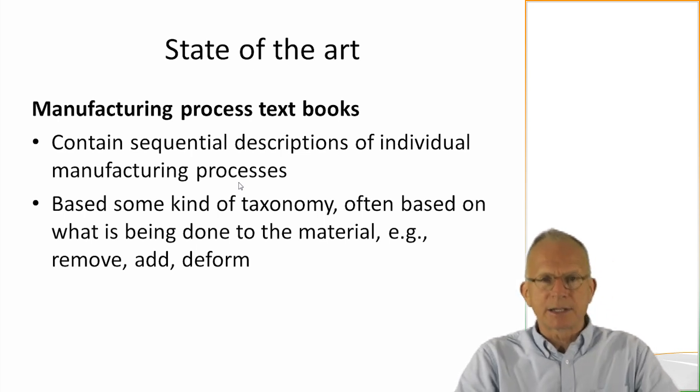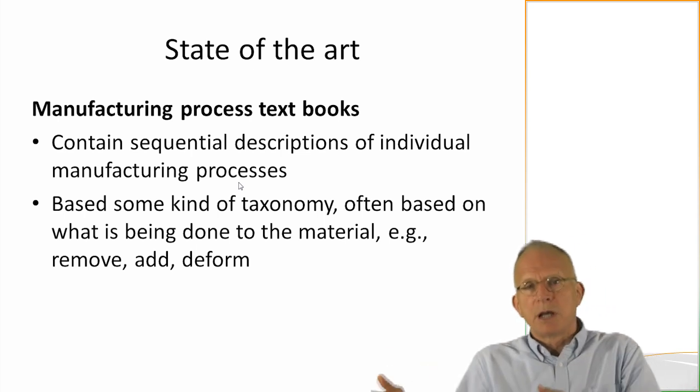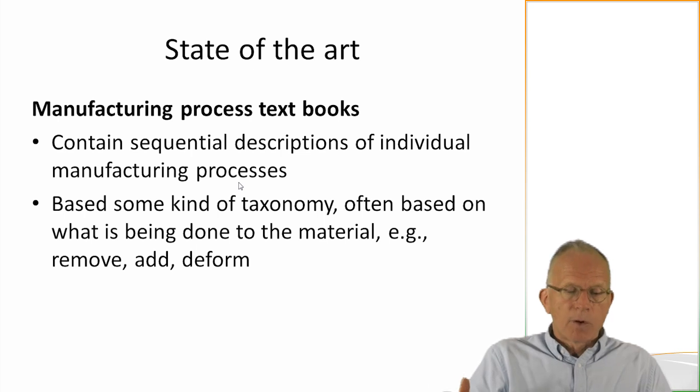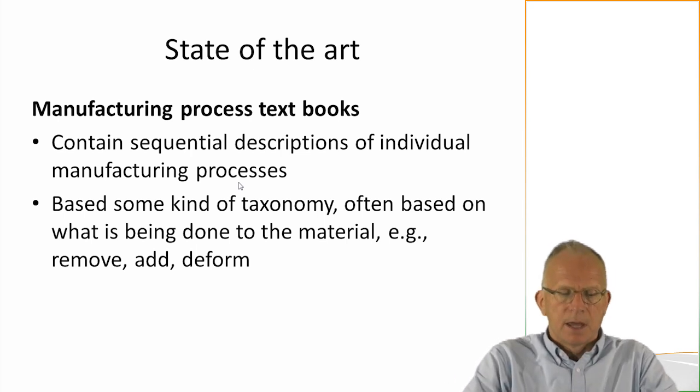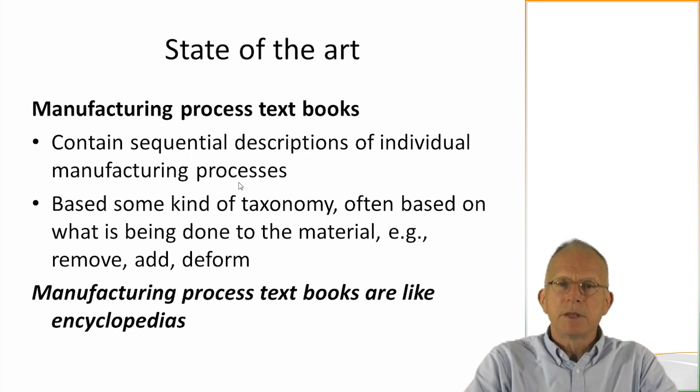Usually there's some sort of taxonomy that's used, like here's material removal, of course now additive is becoming more and more popular, then there's forming. The problem though is that even with these taxonomies, manufacturing textbooks historically have looked more like encyclopedias.